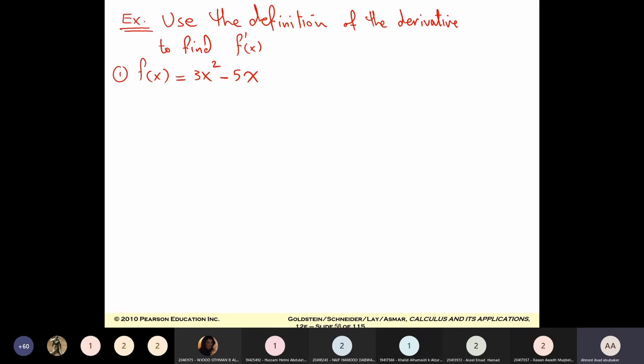Okay, just two students, Afnan and Ibrahim. Nida, 6x, 6x what? Negative 5x, sorry, negative 5.